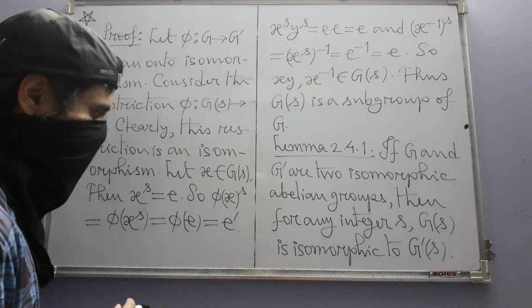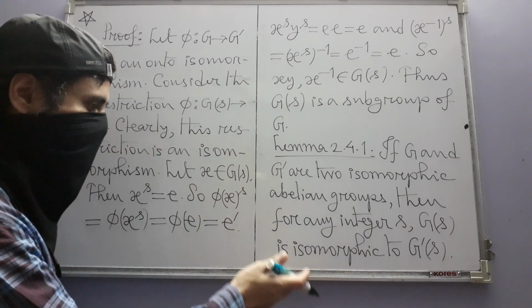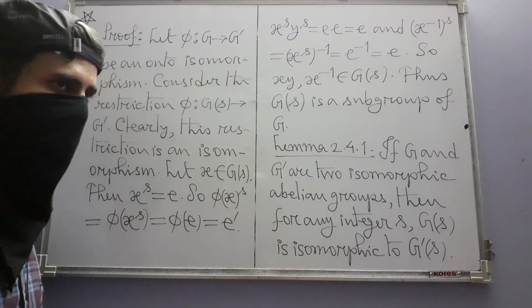And this means that the S power of the element phi x in G prime is equal to e prime.